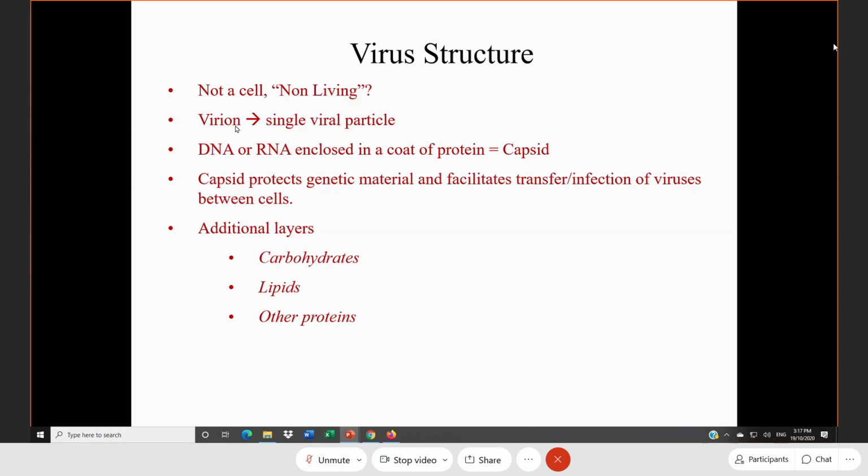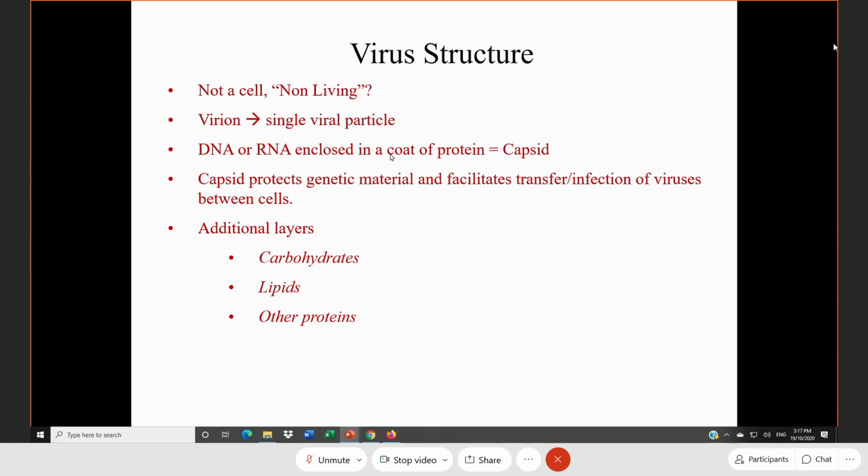What is a virion? Virus is the general idea, while virion normally refers to a single virus particle. Sometimes we also call the new virus produced by infected cells a virion.